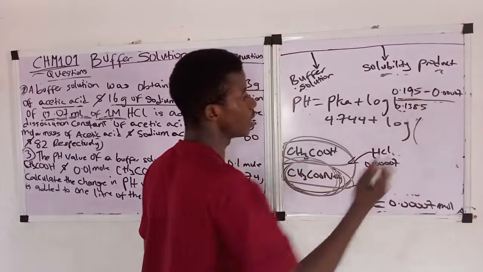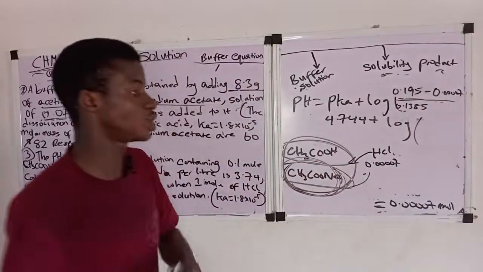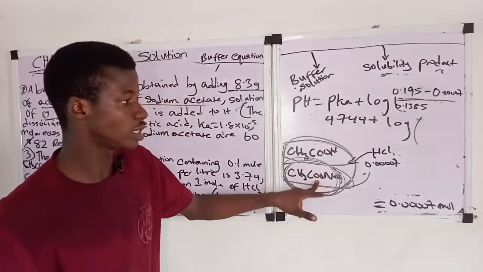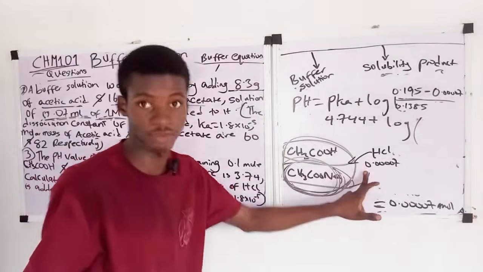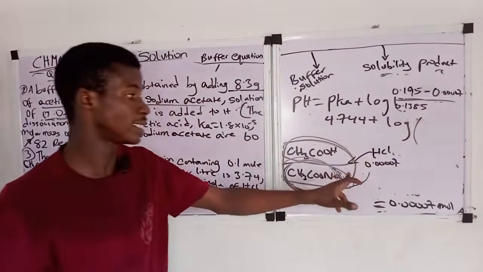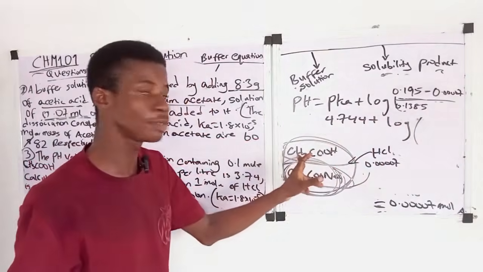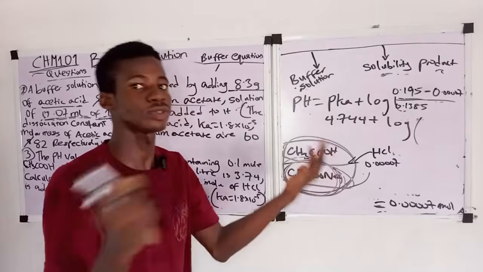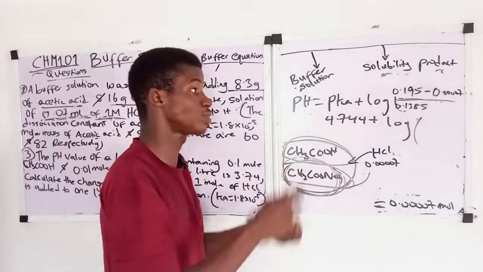Since we are adding acid to the buffer solution, the salt part will neutralize the acid, so that's why it's minus. Then for the acidic part, since we're adding acid to acid, the acid will increase.